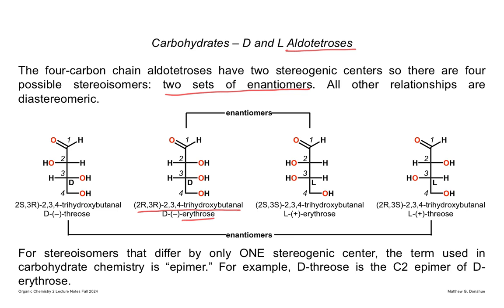So if we look now at D-erythrose, if we keep the D configuration the same, but we swap out the H and OH at carbon 2, so now the OH is to the left here, that's called threose. Because that D configuration stays the same, it's still D, but threose is telling you that at carbon 2, the stereocenter changed.